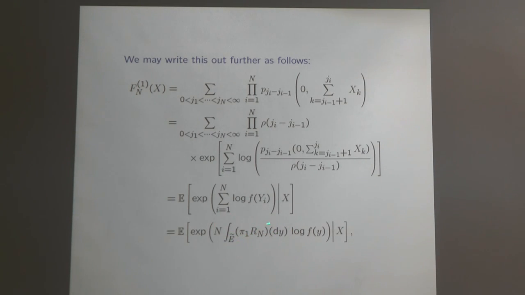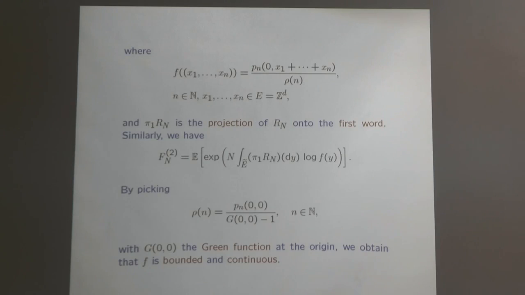So if you look at this, you say, well, if you would have an LDP for this process, and we do, then we should be able to say something about the asymptotics of this integral. Right, so now that's what we're going to do.